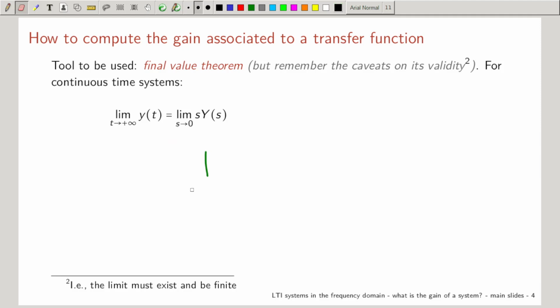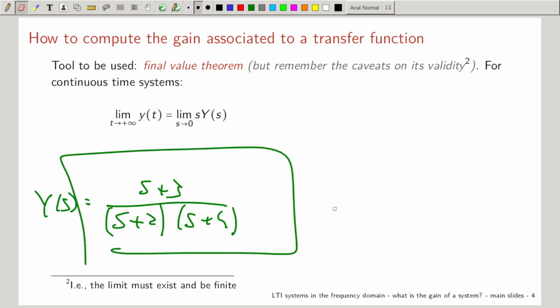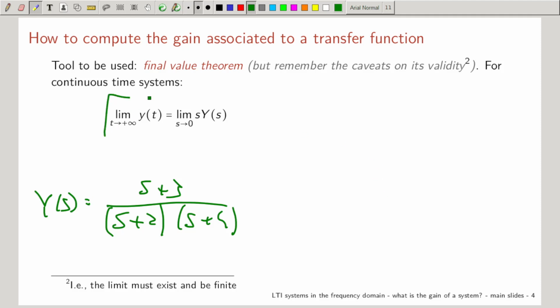Let's apply it. I have (s plus 3) divided by (s plus 2)(s plus 4). This is my y of s. By looking at this one, tell me, without computing this, this is going to be equal to, you've got to find it by just looking at where the poles are.